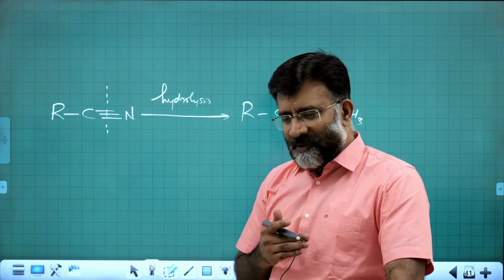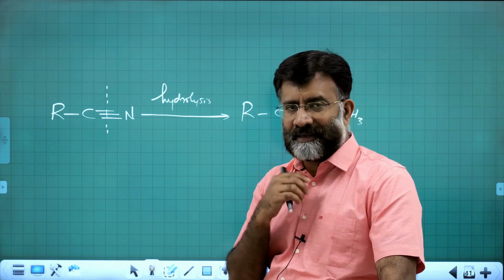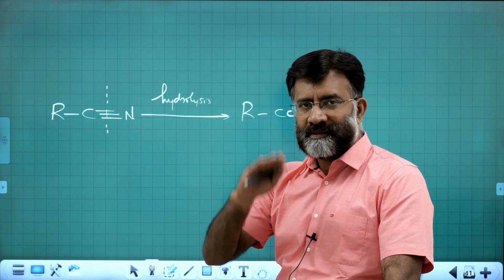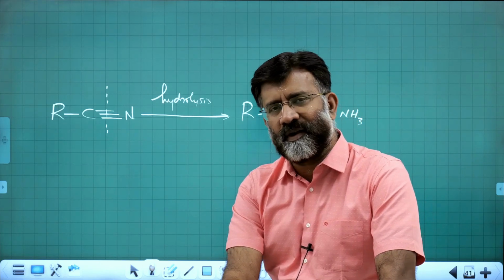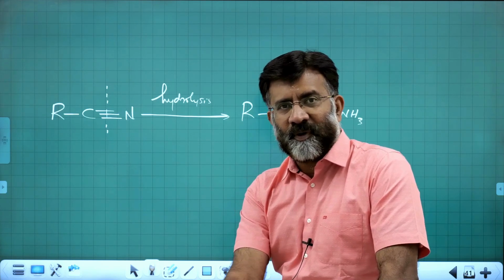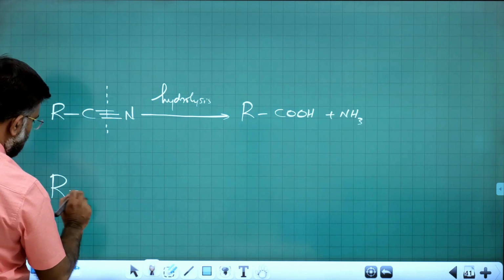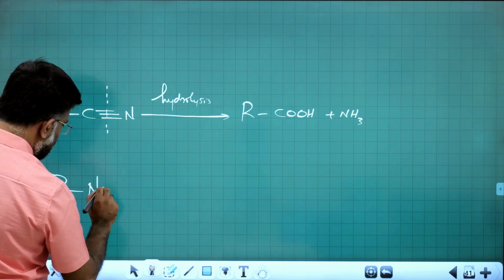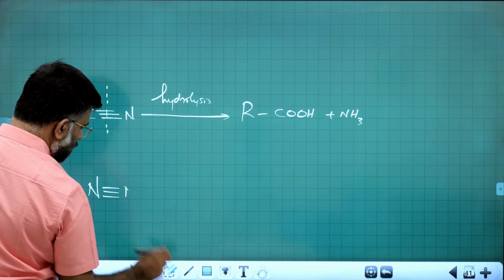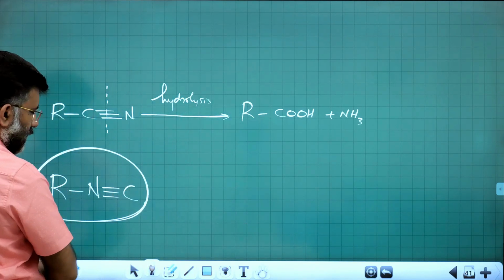You can think about what will happen in isocyanide. In isocyanide, it in fact is not triggered by alkali medium. It is stable in alkali medium. It is hydrolyzed only in acid medium. Think about why. And what will be the product obtained if you take isocyanide, carbylamine?